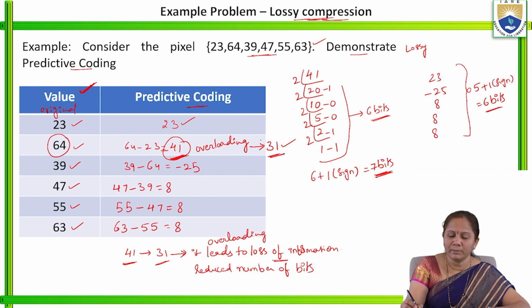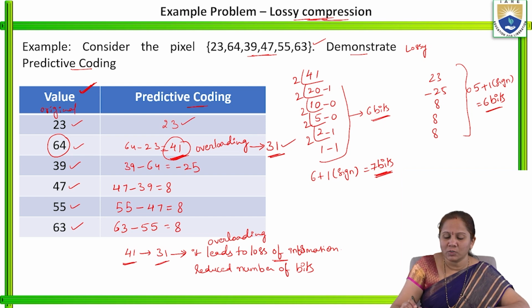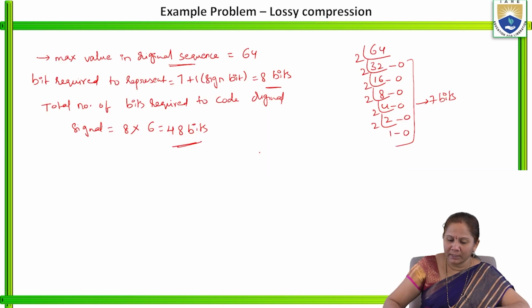Previously it was 41, but we have reduced that to 31, which made it lossy compression. So loss of information has happened here. We will compare the compression with the help of the original and predictive coding. So the maximum value here is 31.